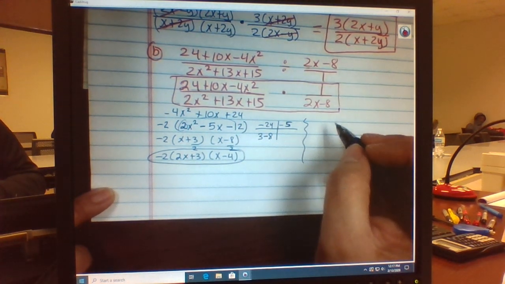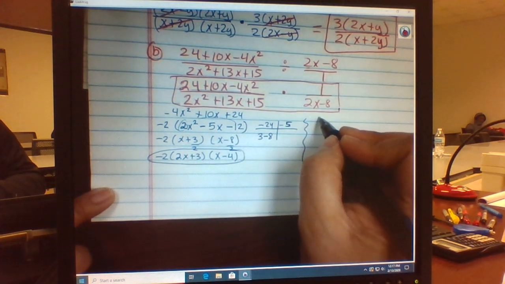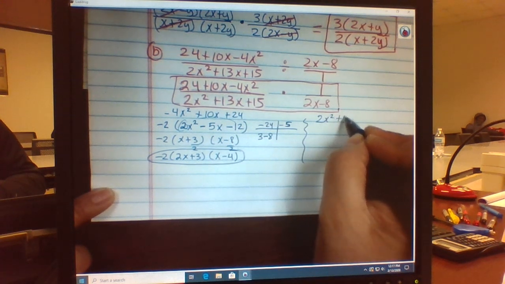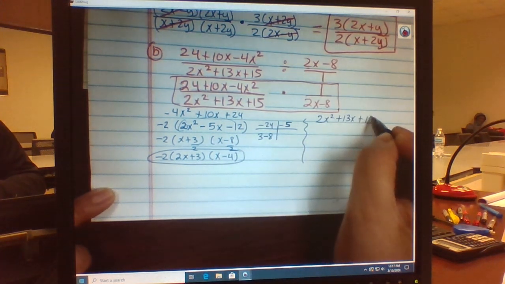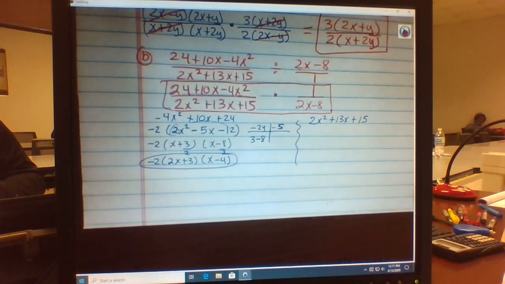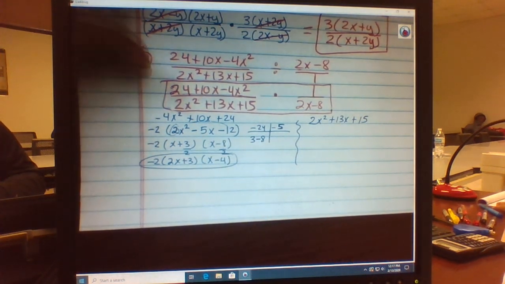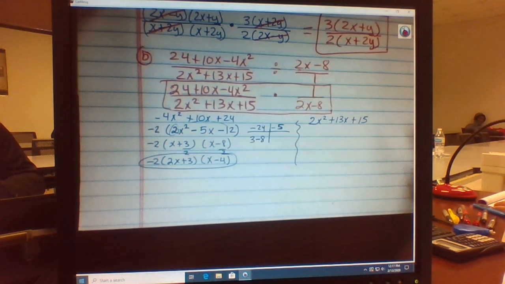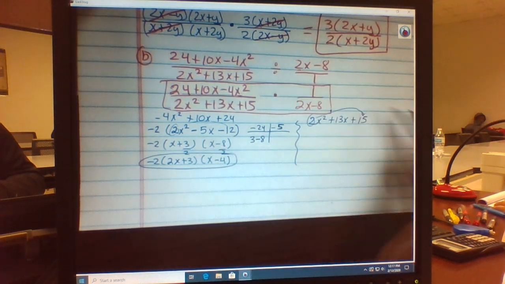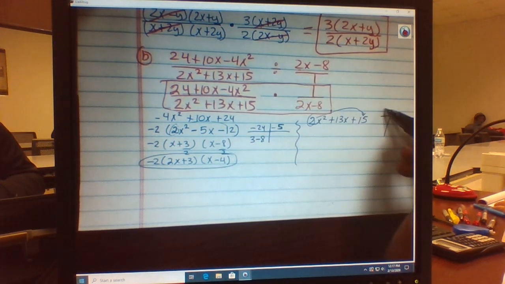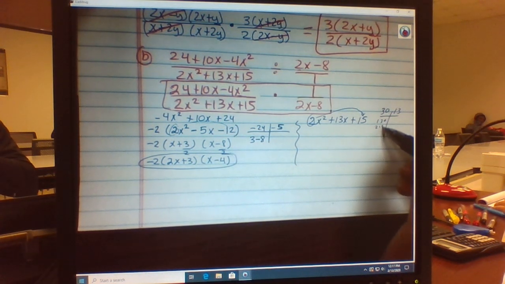You look at the bottom one. 2x squared plus 13x plus 15. Can you factor anything out right there? No, right? So 2 times 15 becomes 30. My middle number is 13. 1 and 30, 2 and 15, 3 and 10, or 5 and 6.